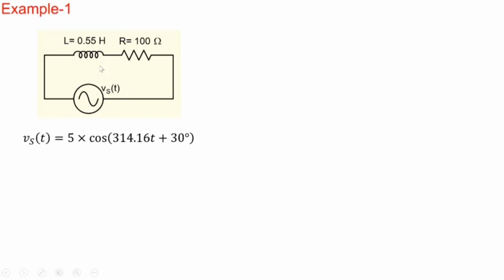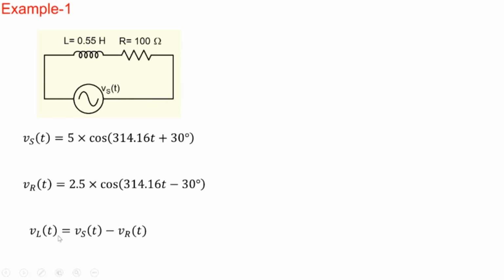Right now, suppose somebody has done the analysis and told you that the voltage drop across R is given by this quantity here, 2.5 into cos omega t minus 30. Remember, we said all of them will have the same omega t form here. So you know the input, you know the voltage drop across the resistor, and you're looking for the voltage drop across the inductor. So the inductor voltage will be, through Kirchhoff's voltage law, Vs minus Vr, obviously.